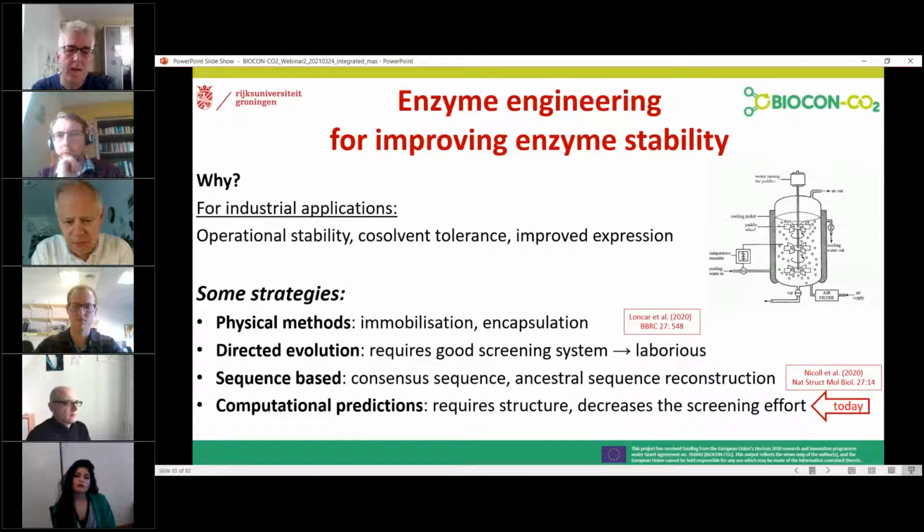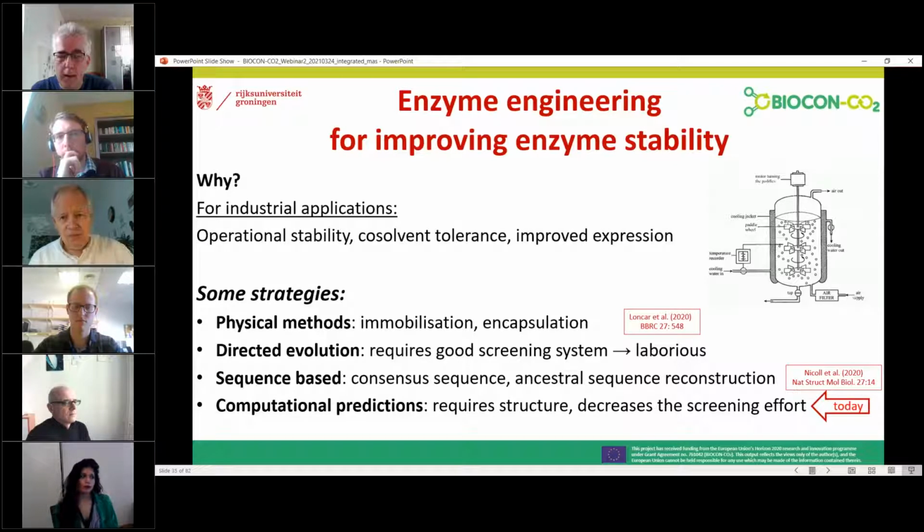You can do analysis such that you can predict what mutations you should make in a protein to make it more stable. Or you can even go for resurrecting ancestral enzymes. It has been found that if you calculate the sequence of enzymes in the past, which is nowadays possible, you often end up with a more stable variant.